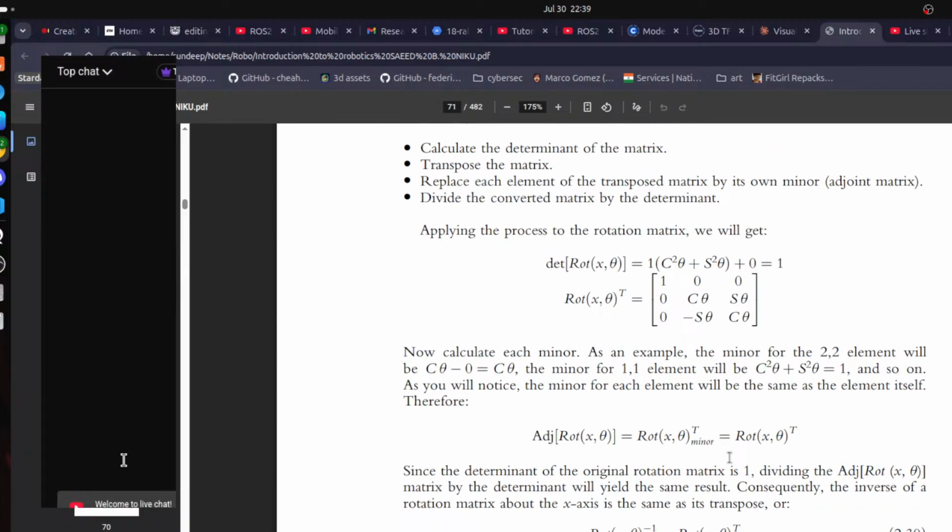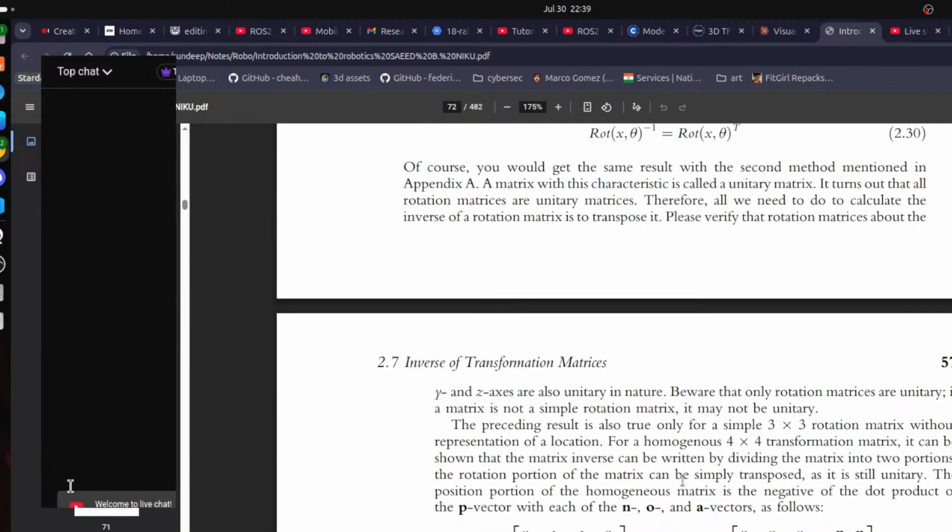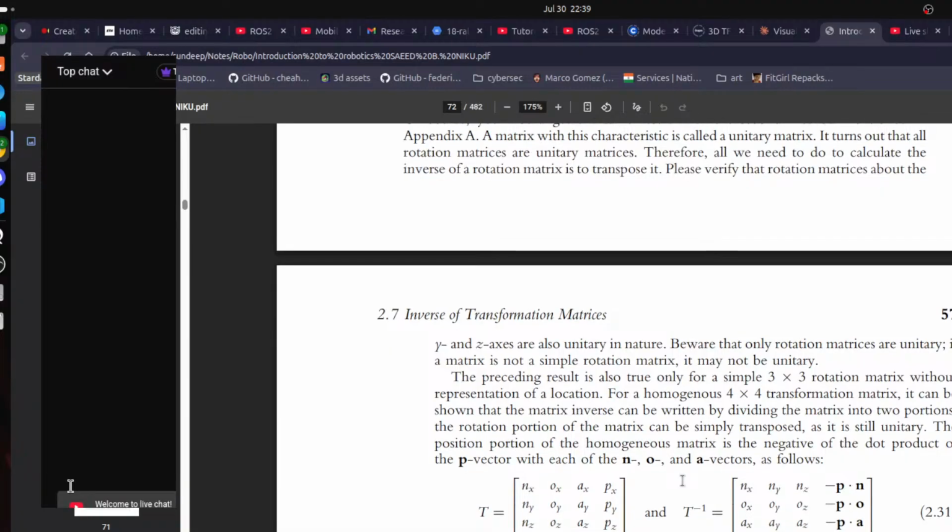You have it. Can't say the same about translation matrices though.